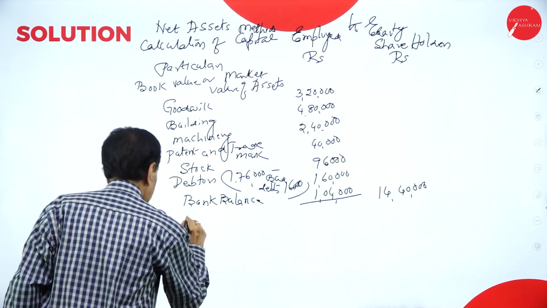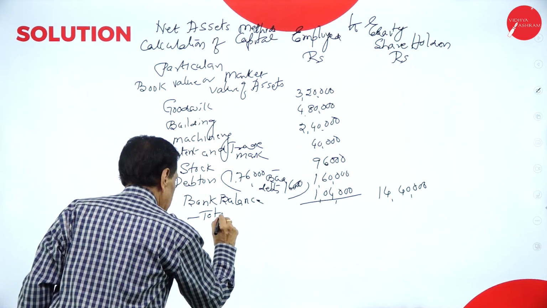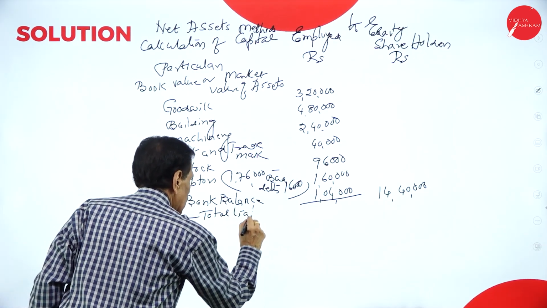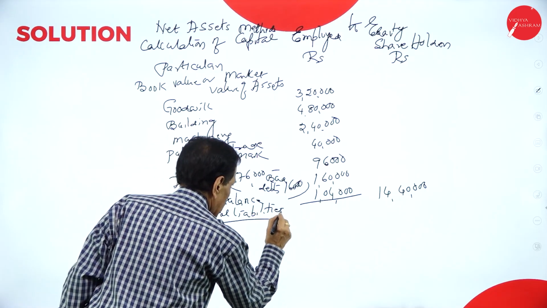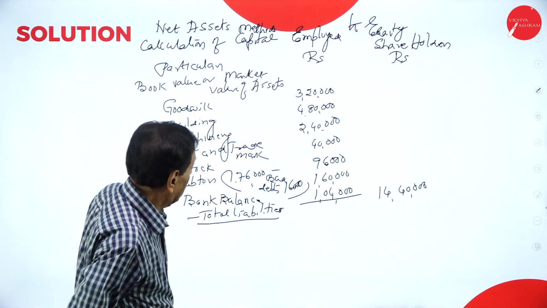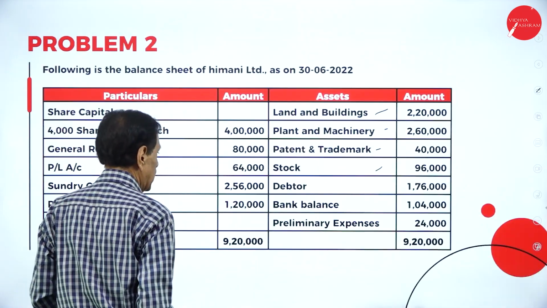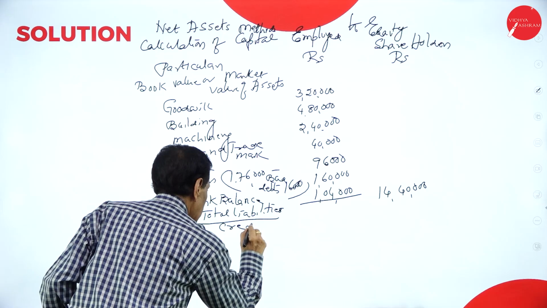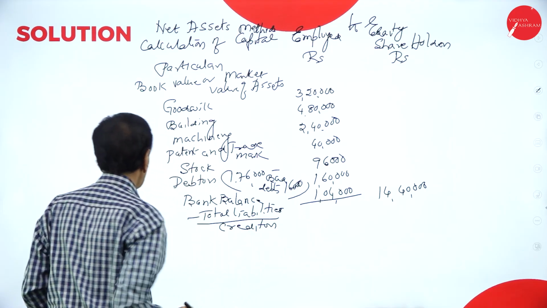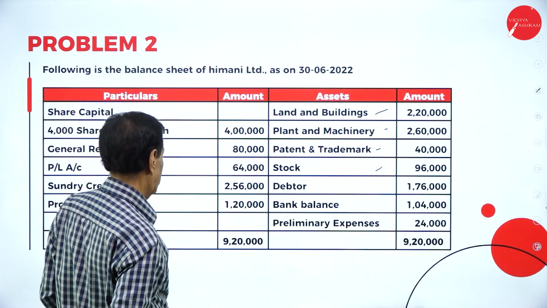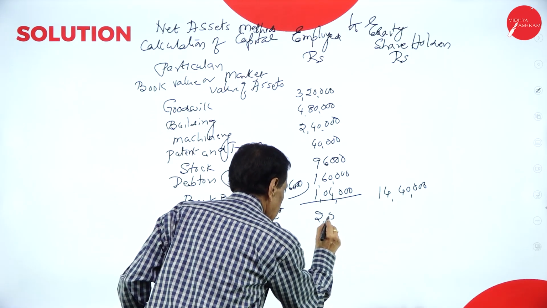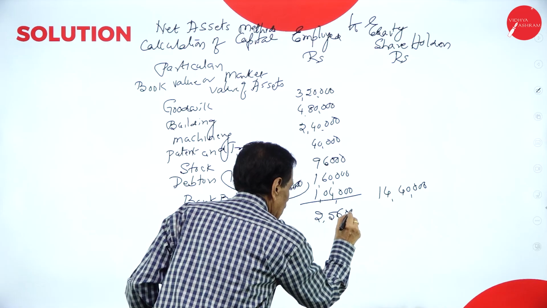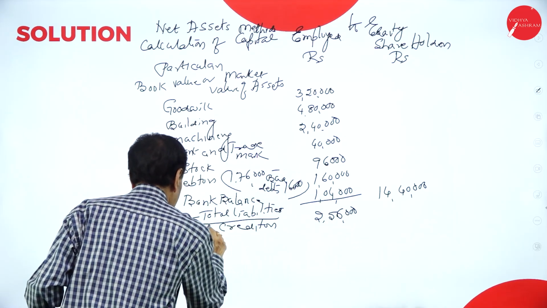Minus total liabilities. What are the total liabilities? One is creditors 2,56,000, this is one.